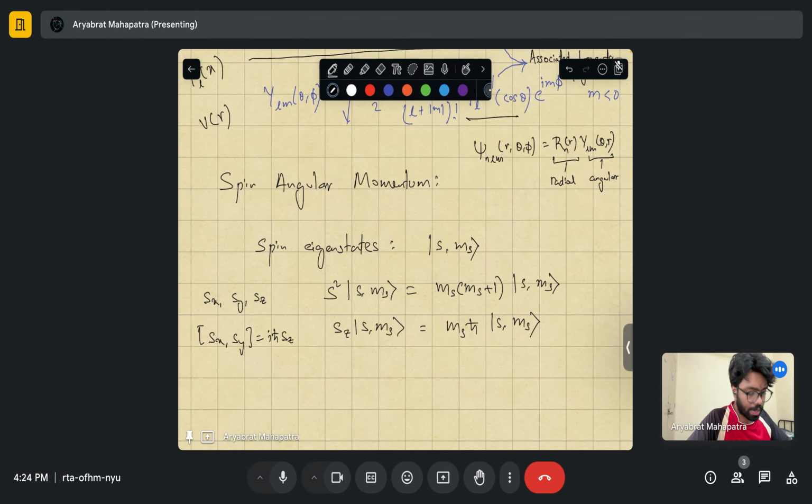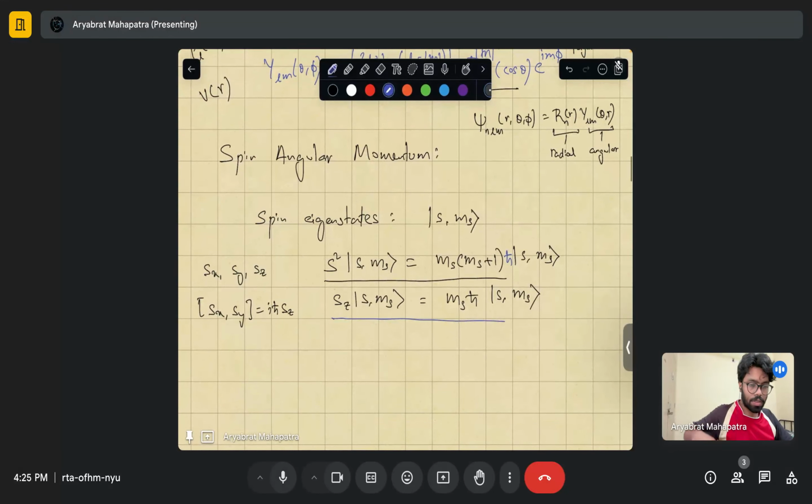In the same spirit, we can draw a similar construction for the eigenstates and the eigenstate relation. This is how you would see it for spin angular momentum. This is written in the same way as orbital angular momentum, and there will be an h bar over here.